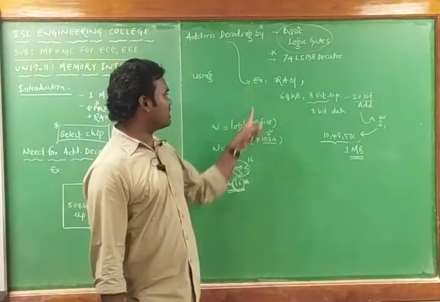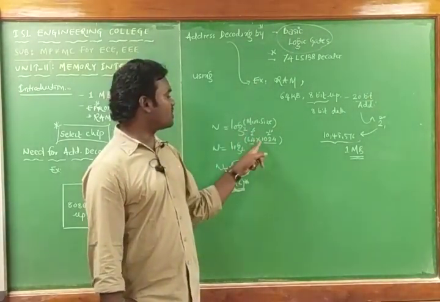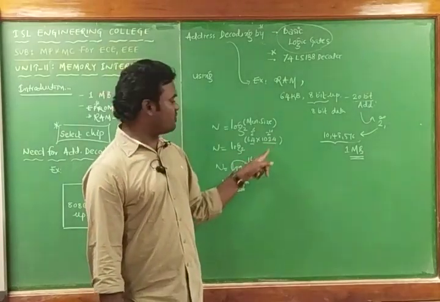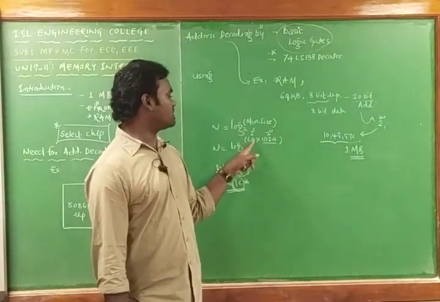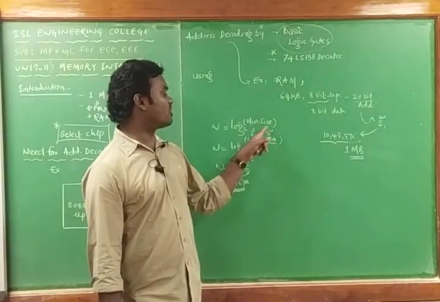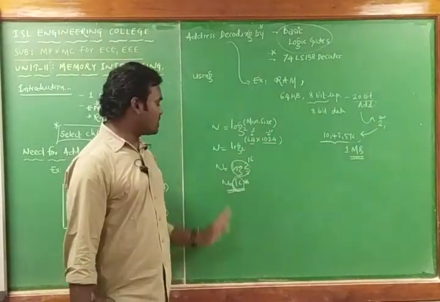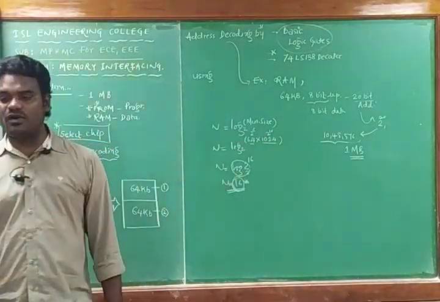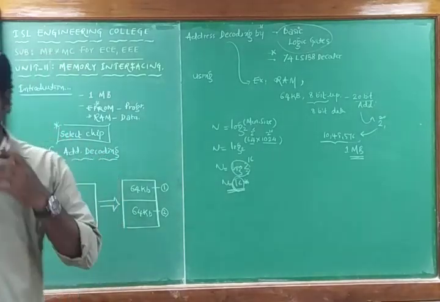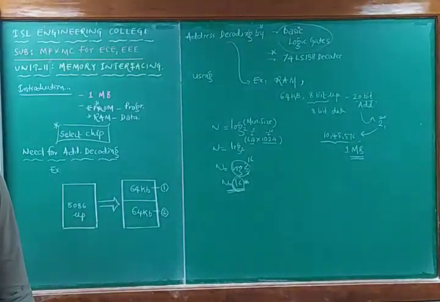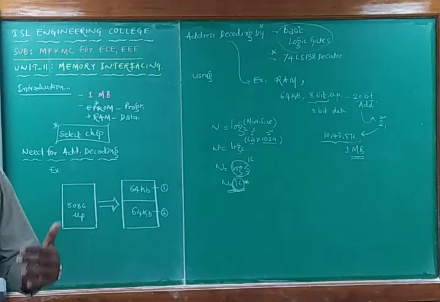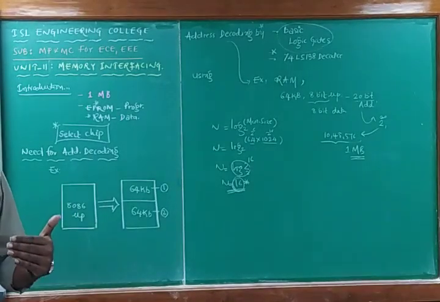Converting 64 kilobyte, 64 is 2 power of 6 and 1024 is 2 power of 10. Totally n equals 16. That means 16 address lines are required to access 64 kilobyte of memory.